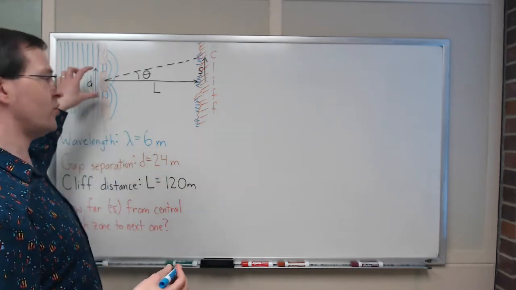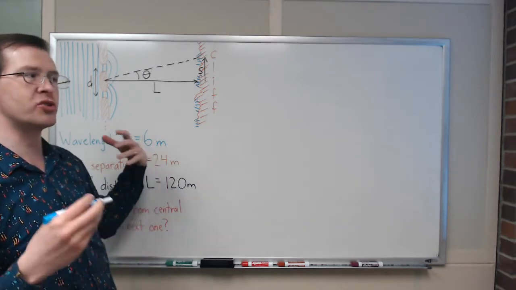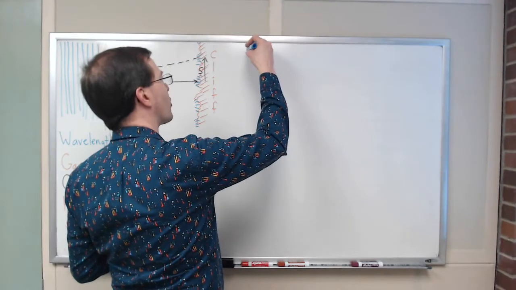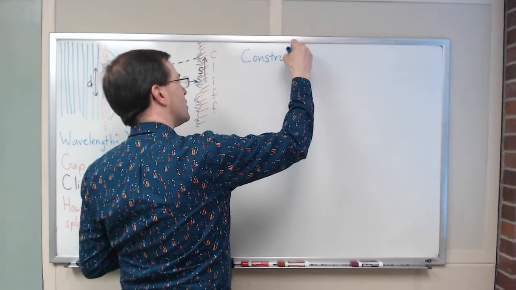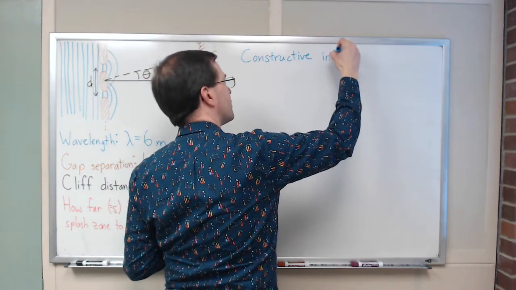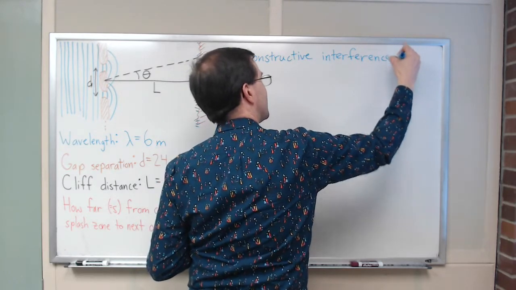Whether it's two holes in a breakwater here, whether it's two slits for a laser, whether it's two loudspeakers in sync, whatever it is, the condition for constructive interference in a two-source problem is this.